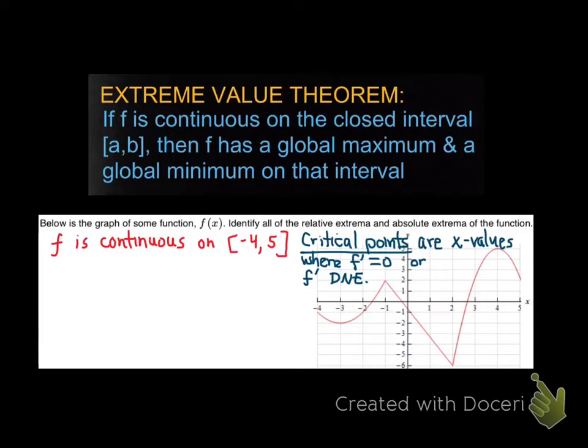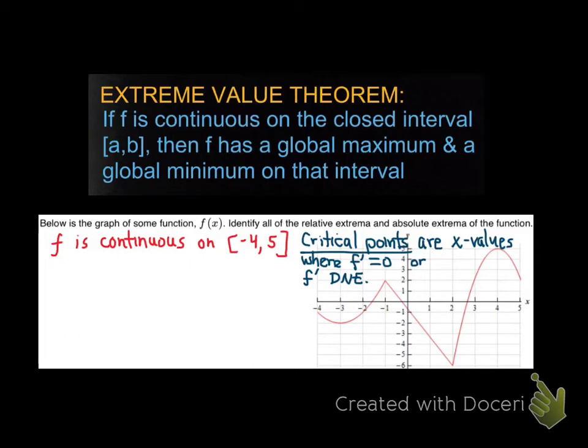I know f prime equals 0 at tops of mountains or bottom of valleys. I know that f prime does not exist at sharp points or points of discontinuity, which are really excluded here after all the function's got to be continuous, or locations where the slope of the tangent line becomes vertical.